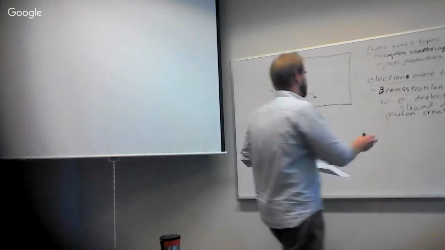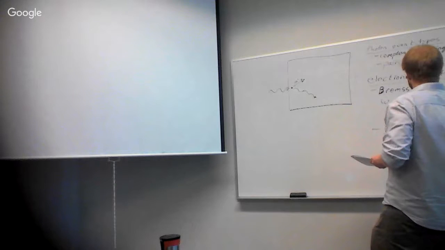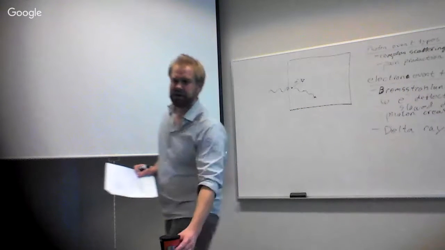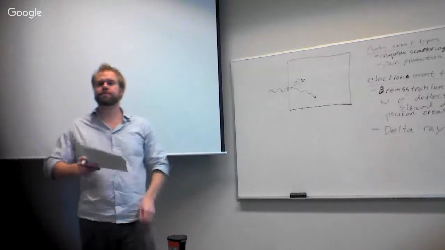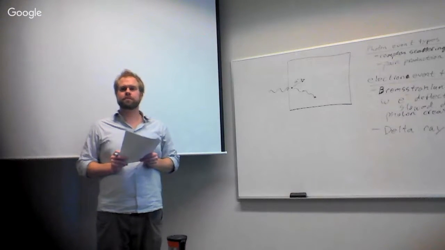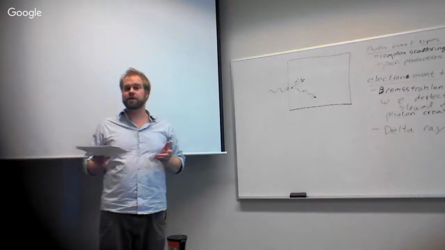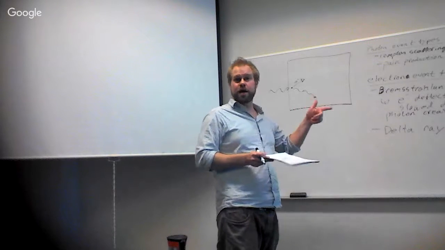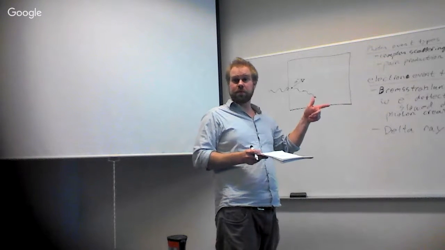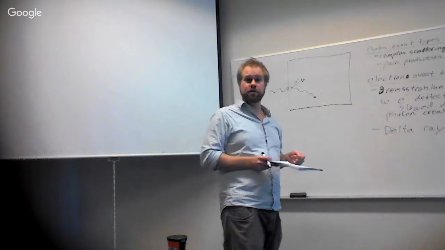Another one that has a sweet name: delta rays. What are delta rays? They are just an electron ionizing. So you basically have an electron coming in, having an interaction with an atom, and it's going to ionize another electron.